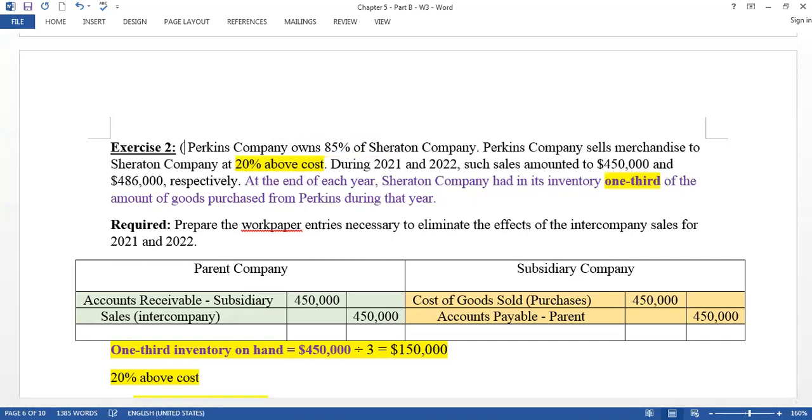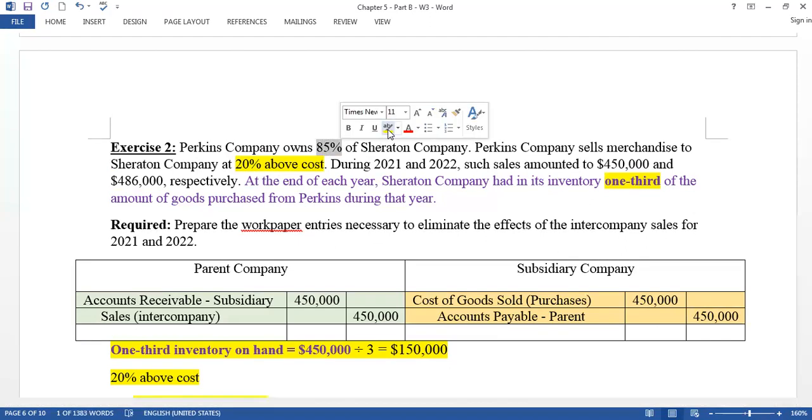You have to know whether it is upstream or downstream by reading the question. So the parent company owns 85% of Sheraton company, and the parent company sells merchandise to Sheraton. So the parent sells to Sheraton. That means it is downstream, right? The parent is in the top position, and they sell to the subsidiary. So it is downstream sales.